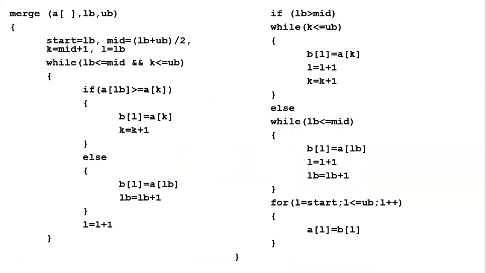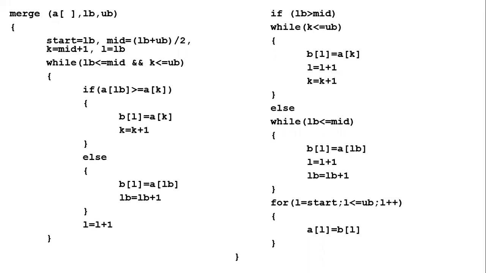We will dump it to the B array, and after that dump all those data to the A array again. So now B[L] equal to A[K]. So 10 will come into the temporary array and K will get increased.